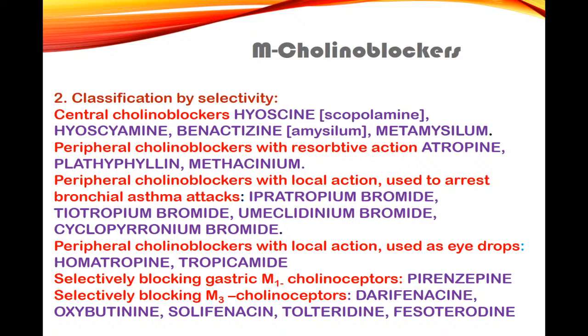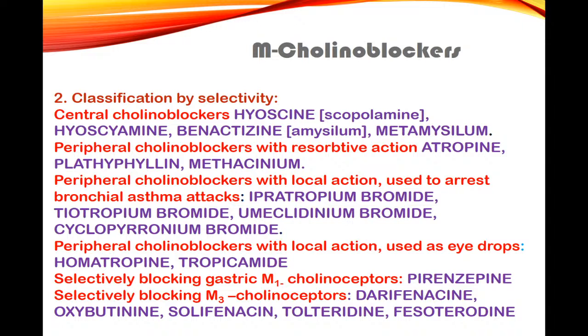Why M1 receptors localized in stomach? Basic localization of M1 receptors is formations of the nervous system in CNS, in the presynaptic membrane of ganglia. Why in stomach? M1 receptors are localized in special cells of gastric mucosa, enterochromaffin-like cells, which help in the release of HCl.